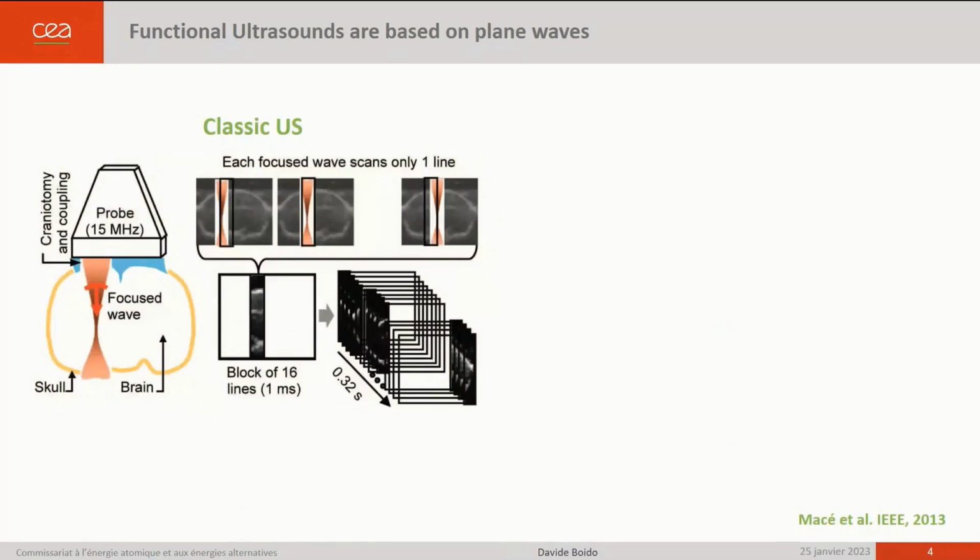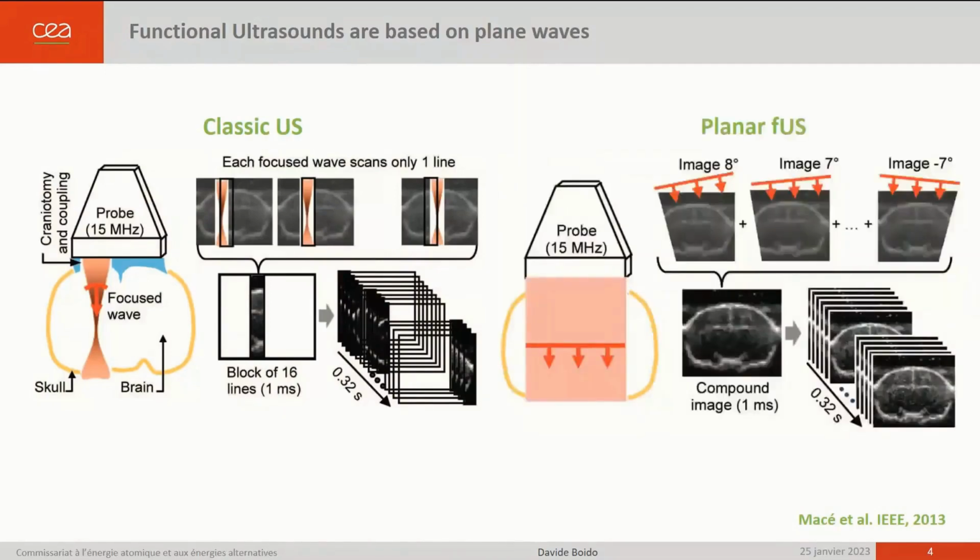Let's go step by step, and let me briefly introduce the main features of functional ultrasound. Without entering the complex mathematical details, classical ultrasound uses curved waves to get information on the sample, scanning column by column. Functional ultrasound instead uses planar waves to acquire the entire field of view of the sample at the same time, with a poor contrast with respect to classical ultrasound.